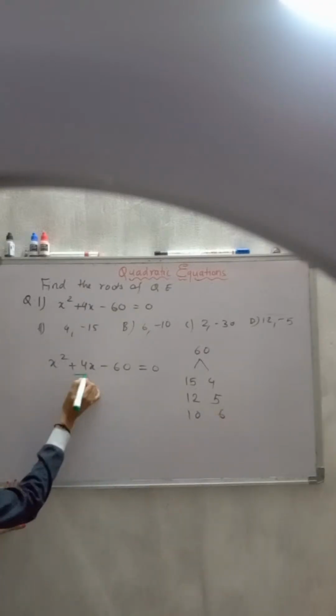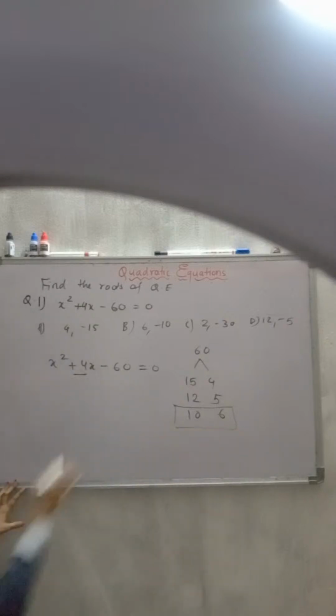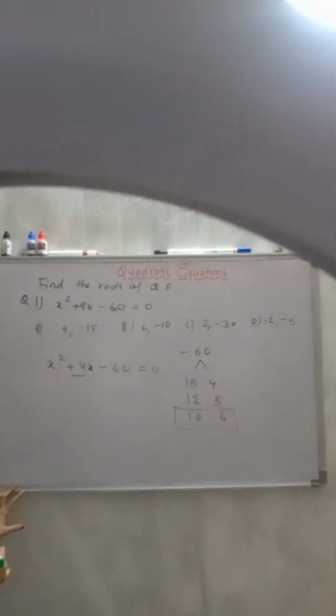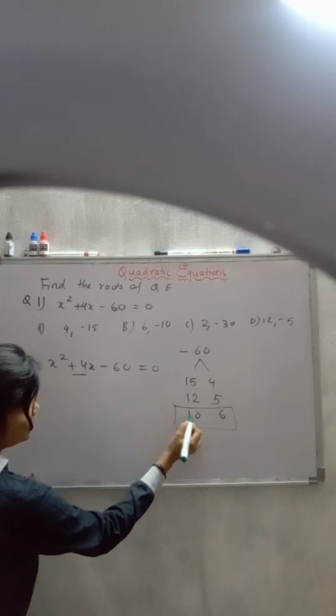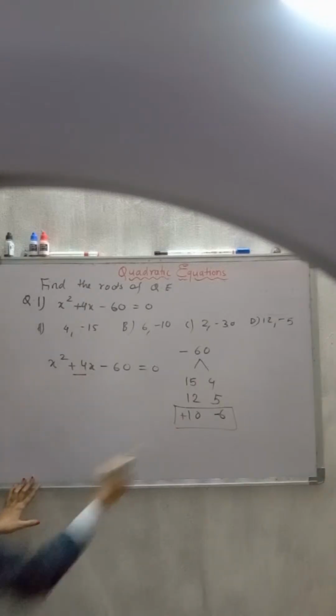Since we want plus 4, this factor will give us positive 4: plus 10 minus 6 will give you plus 4.